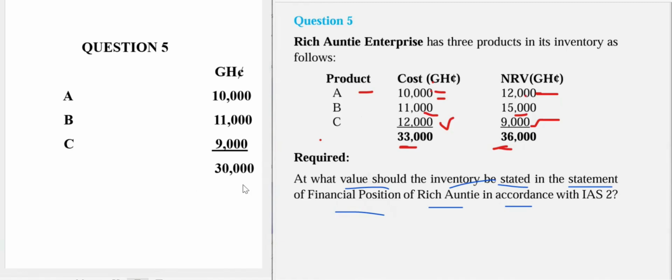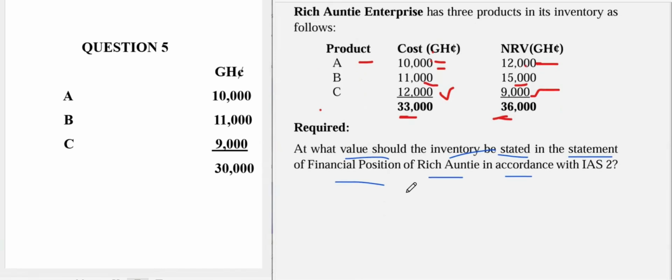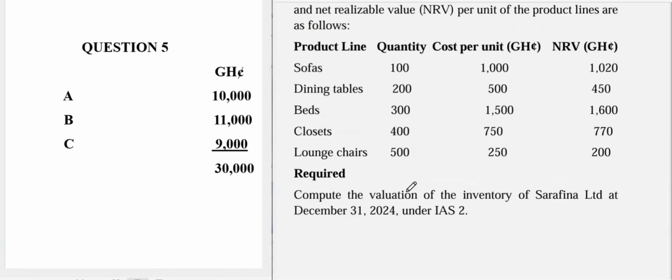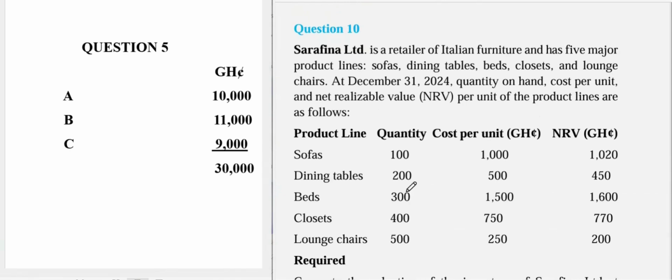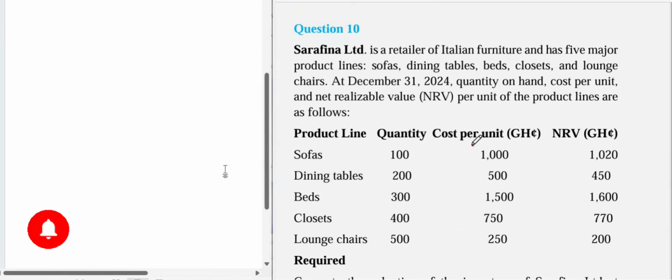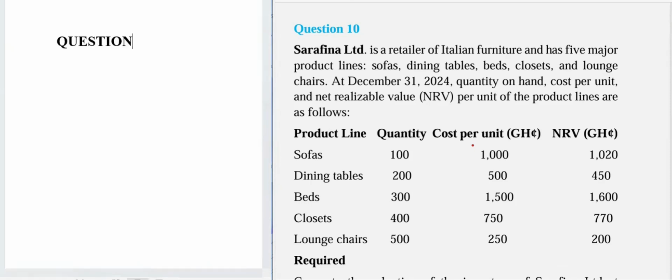Then let's look at question 10. So that's it with question 9. Let's see question 10. Okay. So let me move this one up here so that we can write question 10 here. So I have question 10.